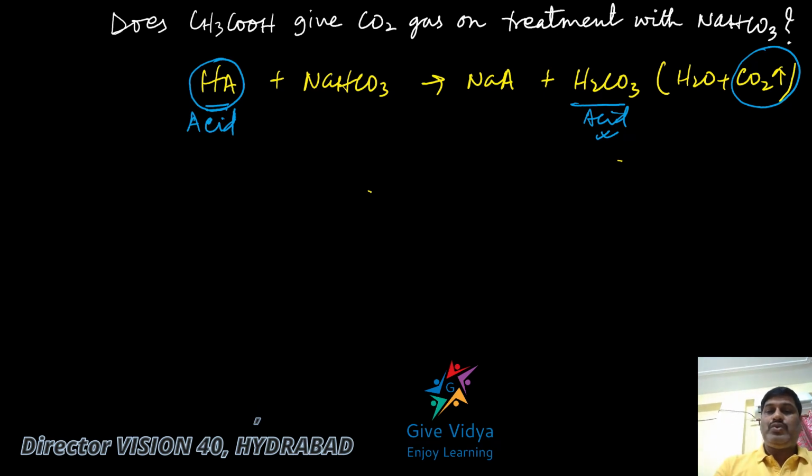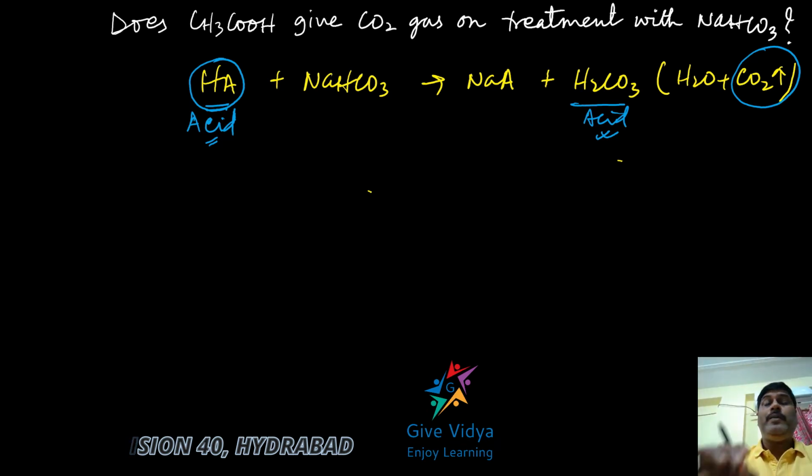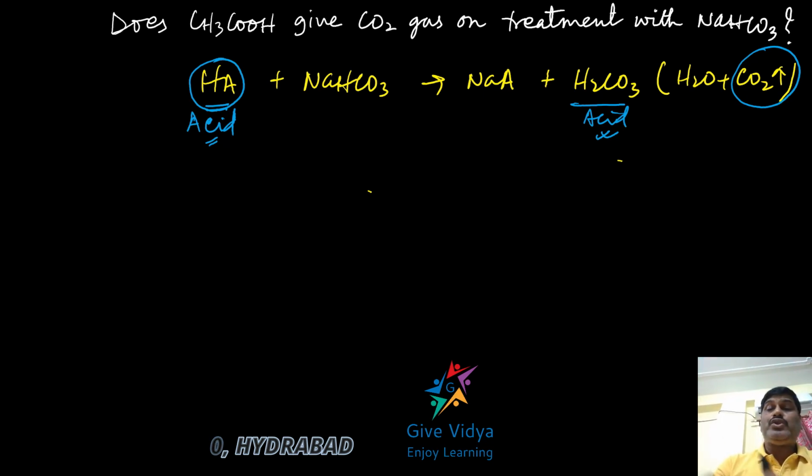So if H2CO3 is weaker, or in a nutshell, if this general acid is stronger than H2CO3, then H2CO3 will form and CO2 gas is released. This is principally correct now for which acid will give CO2 gas on treatment with NaHCO3. Clear? The one that is stronger than H2CO3.